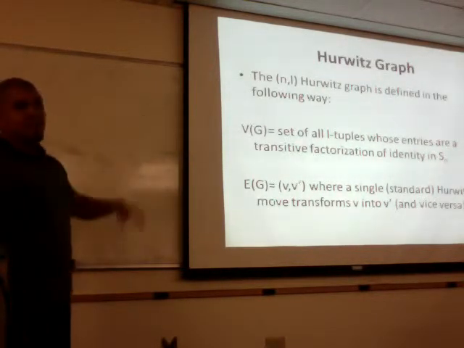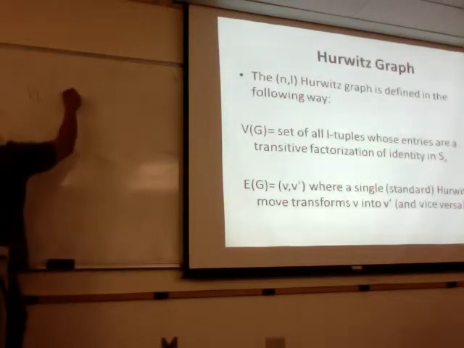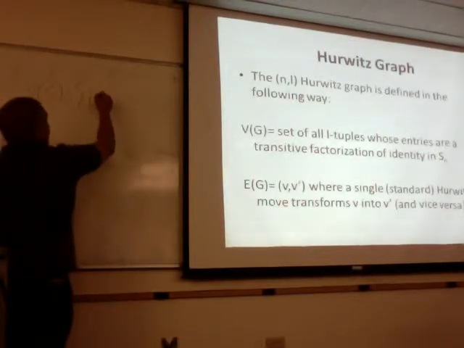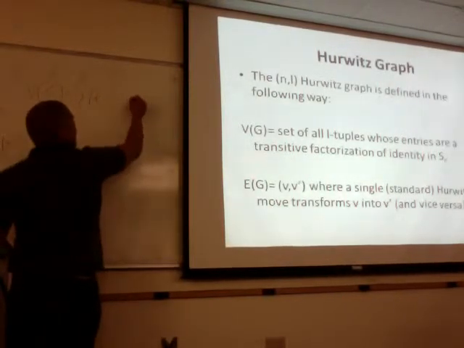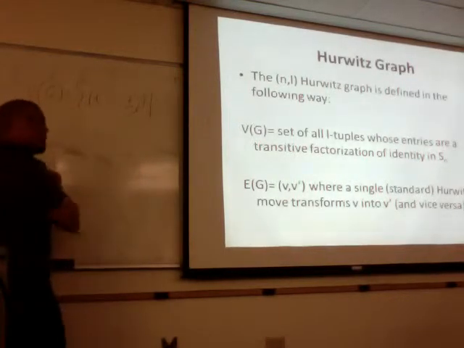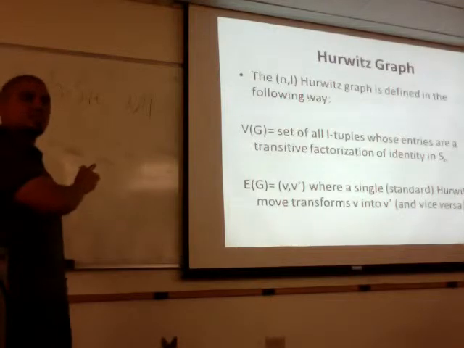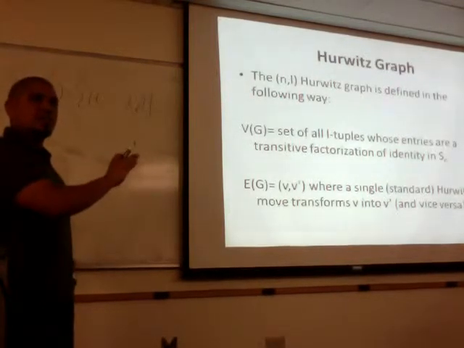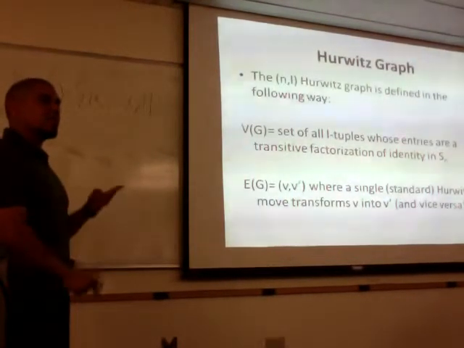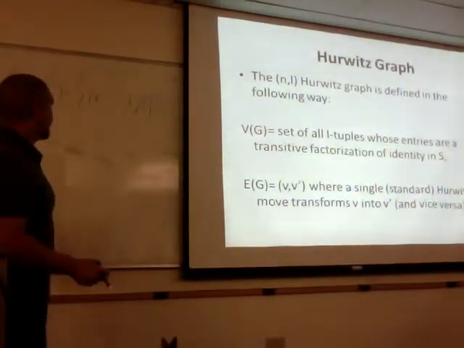So you have the vertex set of the graph. I'll denote that VG, the set of all these tuples, such that all of the characteristics that I mentioned in the first slide are satisfied. They have to be transitive, they have to multiply out to identity, and they have to be transpositions. Okay?